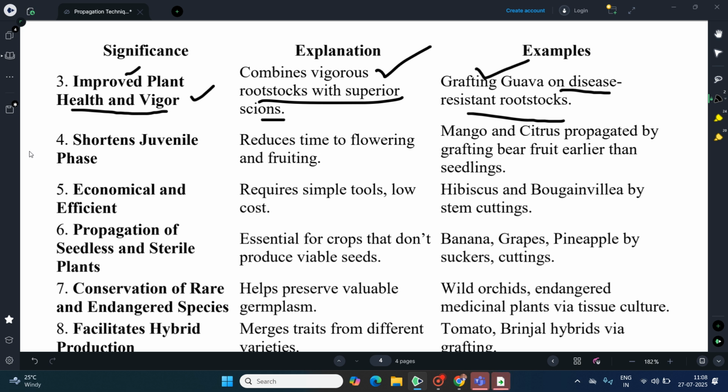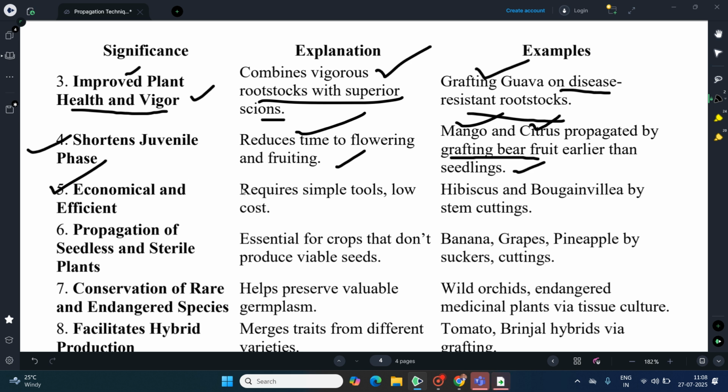The fourth, it shortens the juvenile phase. It reduces time to flowering and fruiting. Early flowering and fruiting takes place due to vegetative propagation. Examples are mango and citrus propagated by grafting, which bear fruit earlier than seedlings.